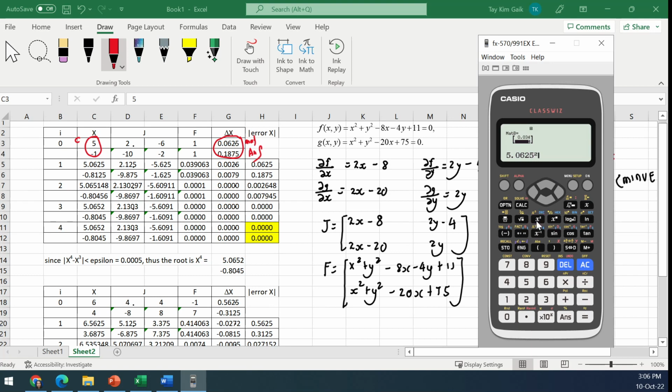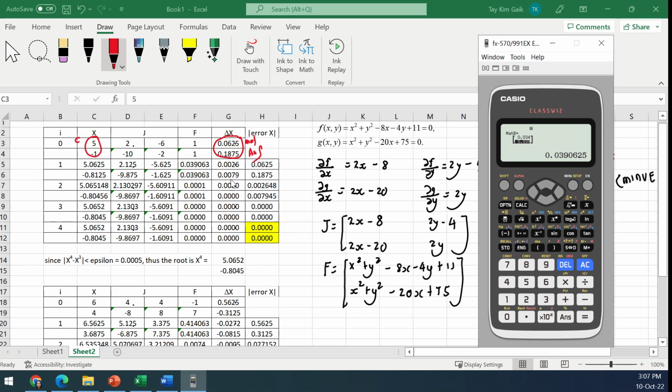So this is x squared plus y squared, negative 0.8125 squared, and then you minus 20 times x, which is 5.0625. Okay, minus 20x plus 75. So you get 0.0390625. So here updates your A and B.